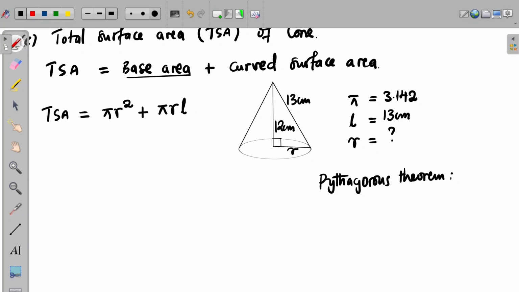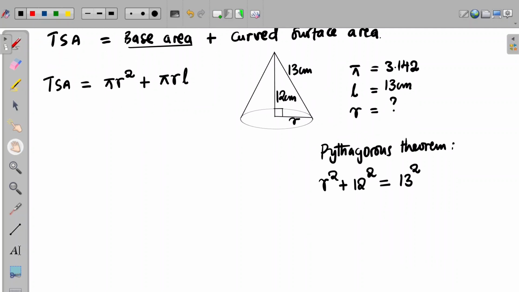Since we are looking for r, we use the formula: the adjacent, r squared, plus the opposite, 12 squared, is equal to the hypotenuse, 13 squared.